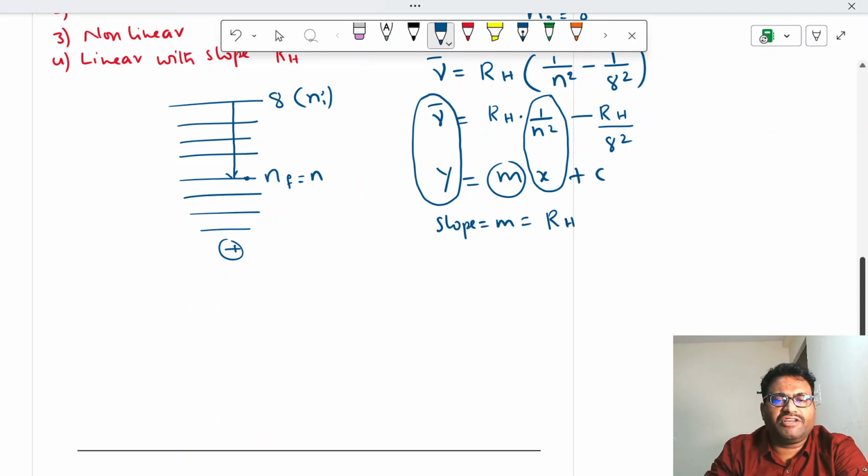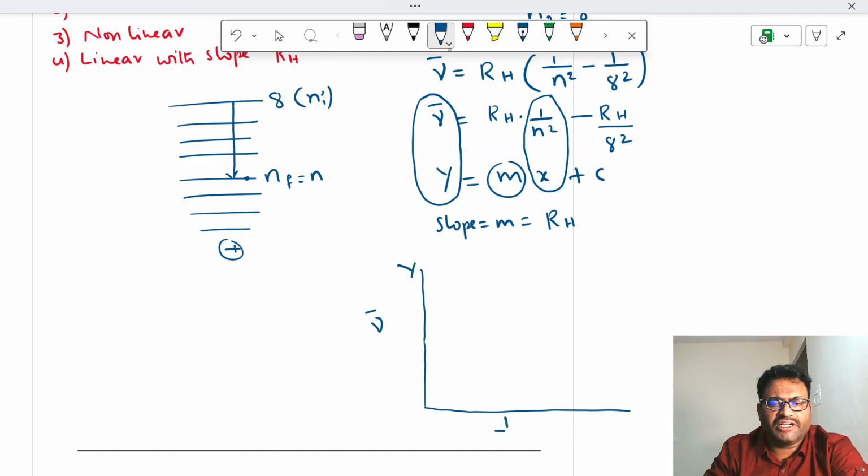And as this is the equation of a straight line, what graph is obtained when a graph is drawn? See, this is the y-axis. On the y-axis, what is taken? Nu bar.